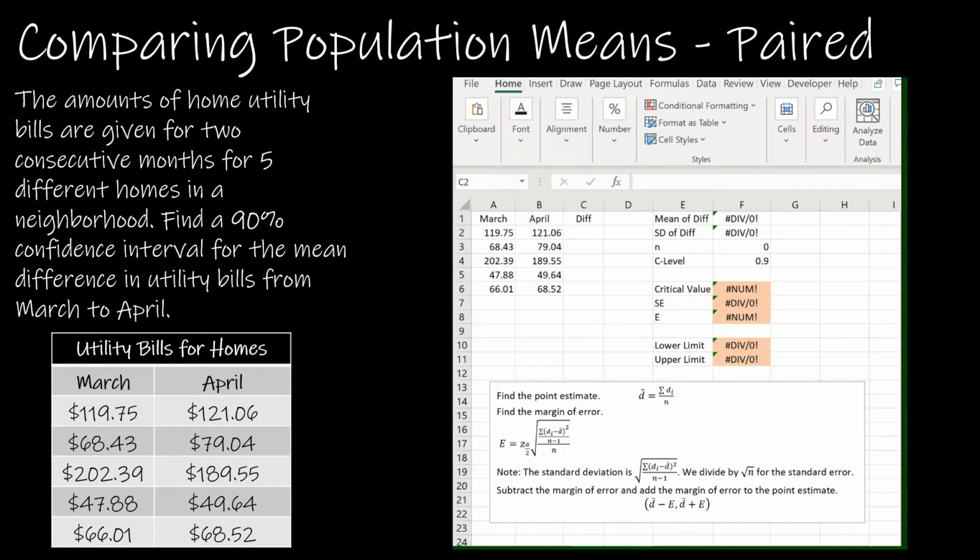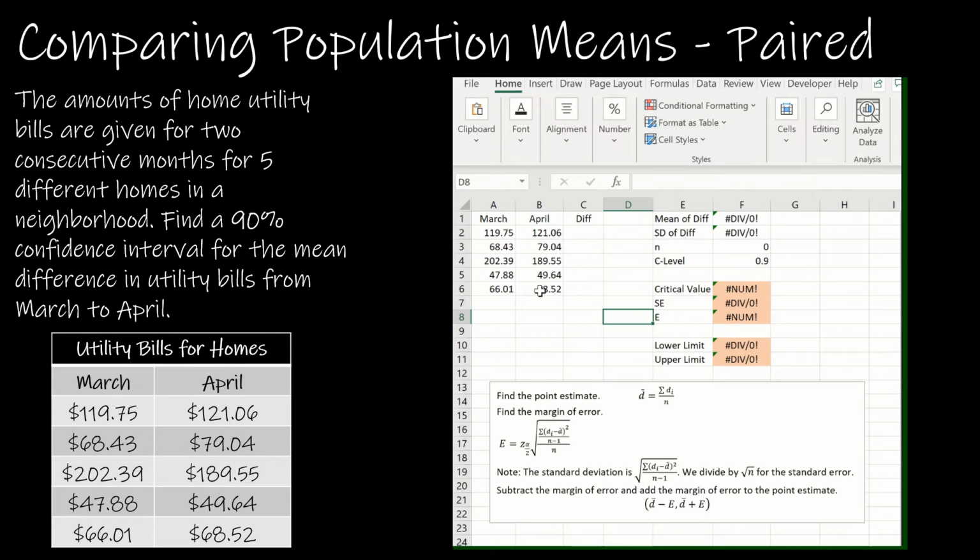In this case, we're looking at home utility bills for March and April, and we're looking at the difference between them. So this is paired data because we're dealing with the same house for March and April.